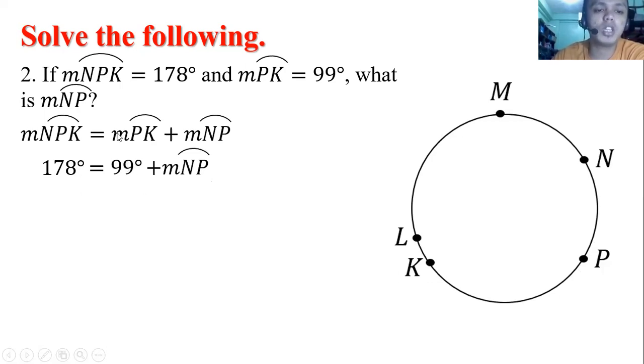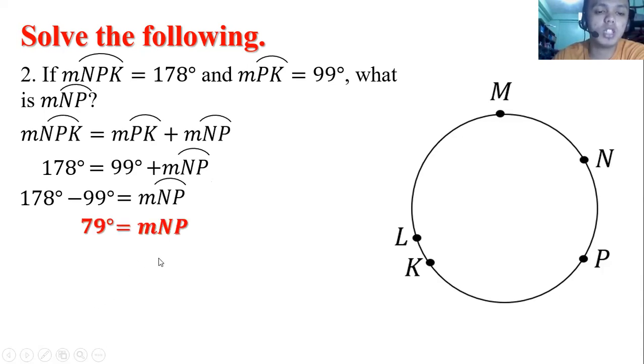Then transpose 99 to the other side. Then we have 178 minus 99 equal to measure of arc NP. Now, 178 minus 99 would be equal to 79 degrees for your measure of arc NP. So, that easy, right?